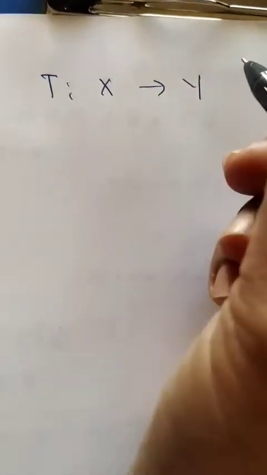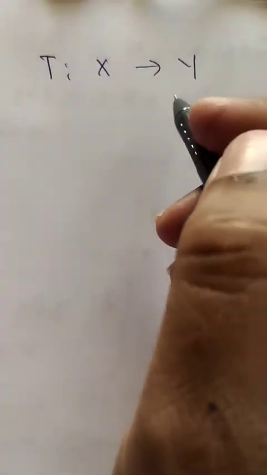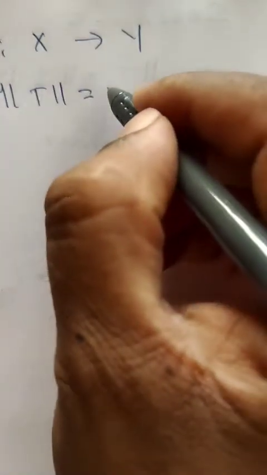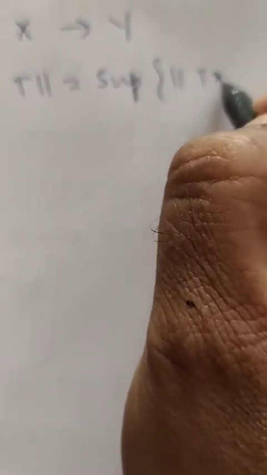Now let's come to another definition. Suppose T is a mapping from the normed linear space X to the normed linear space Y. Then we can define the norm of T. How do you define the norm of T? This is the supremum of norm of T of x, where x belongs to X, norm of x is less than or equal to 1.